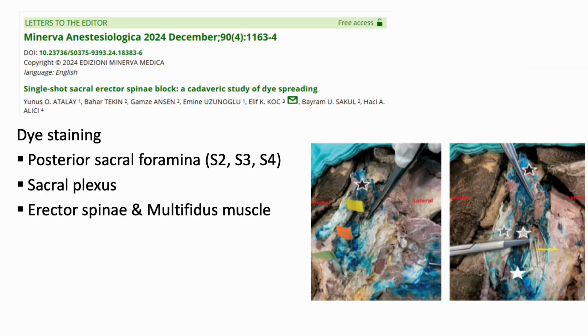Another cadaveric study of the sacral ESP block similarly showed dye staining of the posterior sacral foramina at S2, S3 and S4 levels, also involvement of the sacral plexus and extensive staining of the erector spinae and multifidus muscles.